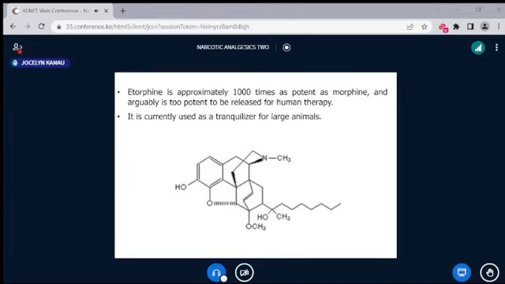Then we jump, that is 9, 10, 11, 12, 13, 14. So we say position 6 and 14. I hope that you have noted that is correct. So we are doing an annulation of bringing in a new ring between position 6 and 14. The whole of this is ring C, and this is ring D, and then ring E. So we have not done any removal of any ring.